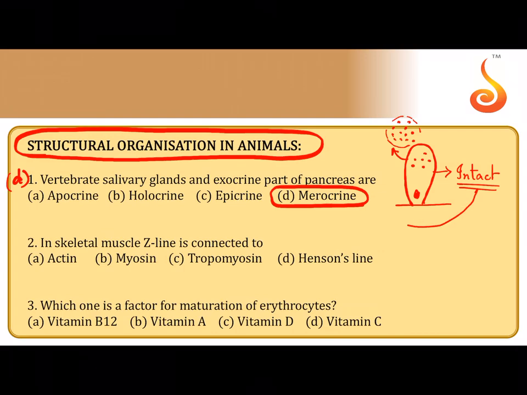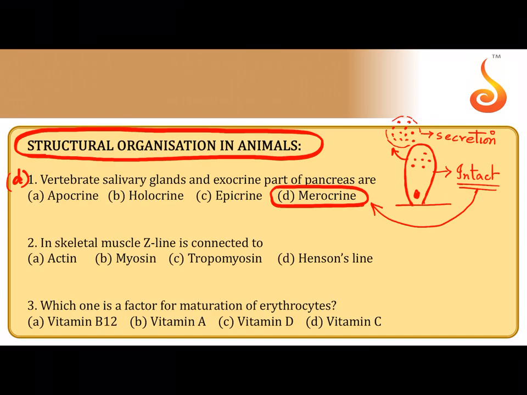This type of gland cell, where it produces its secretion and still remains intact, is referred to as the merocrine gland. A lot of glands come under merocrine: salivary glands, intestinal glands, pancreas, stomach gastric glands, goblet cells, and tear glands. All of them come under merocrine.